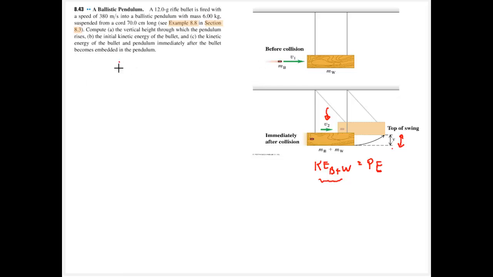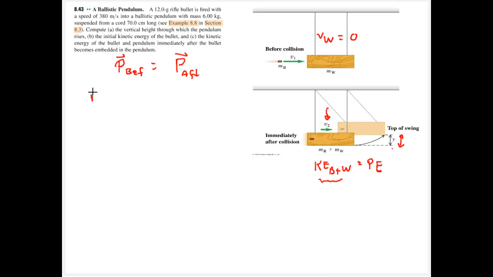So what I want to do is write that my momentum before the collision is going to be equal to my momentum after the collision. Initially, I have my bullet that's moving and my block that is not, so the velocity of the block, velocity W, is equal to 0.